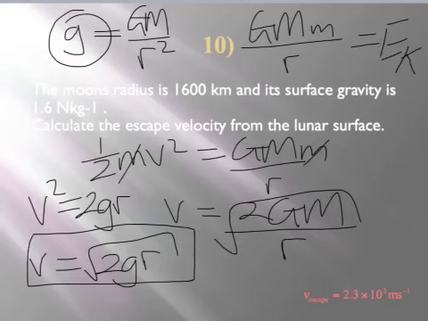Now if you plug in these values, 1.6 for small g, 1.6 million meters for radius, times by 2, square root that, you should get this answer down the bottom here, 2.3 times 10 to the 3 meters per second. That's rounded from a 4-figure answer of 2262 meters per second, because of course we're only given 2 figures here and we're not sure about that one, but we have to assume 2 is the best we can do.